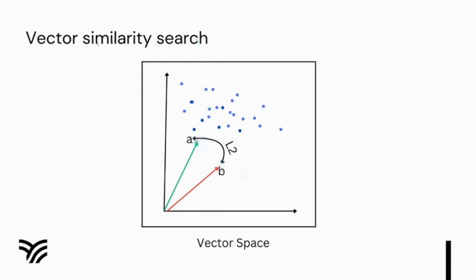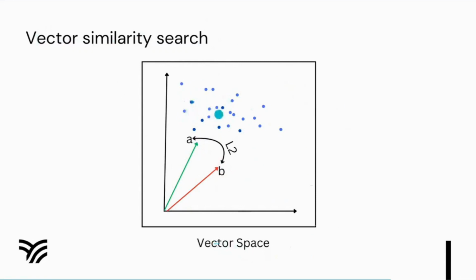Let's say we have two sentences, right? We can use vector similarity search to determine whether two sentences are semantically the same or not, right? So in vector similarity search, we also consider the semantic meaning, right? Let's say that we have this vector space.